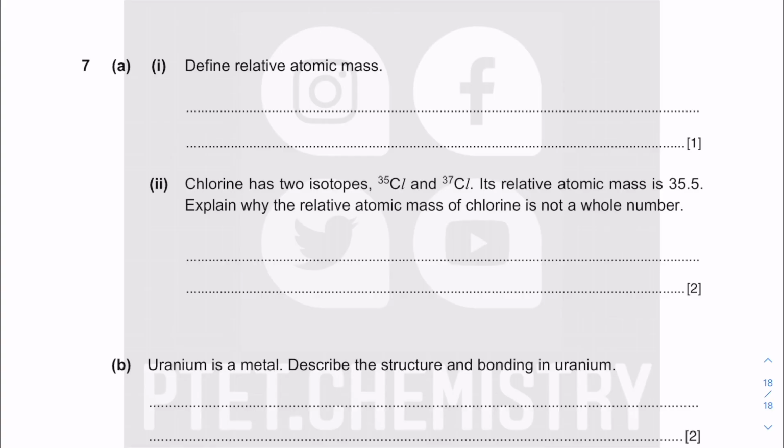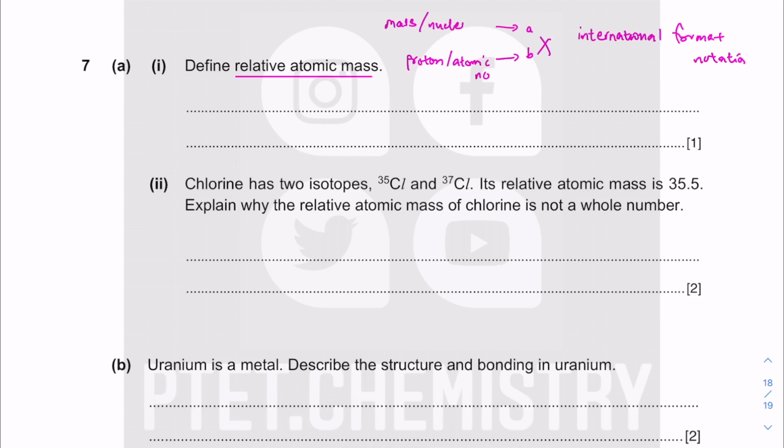In this next question, we're being asked to define relative atomic mass. I hope you know that when you have an element, say element X, and then you have A and B, in this international notation, it's not the same as your periodic table, because at the bottom is what you define as proton or atomic number, and on top you define that as mass or nucleon number.